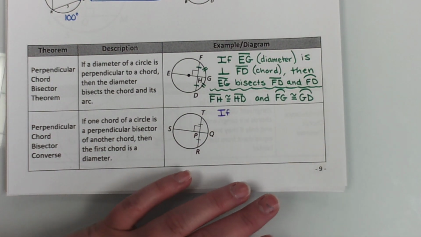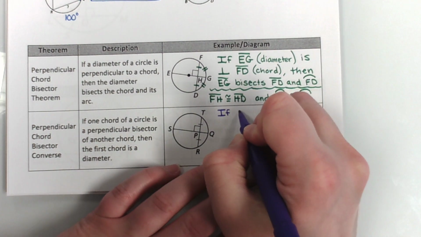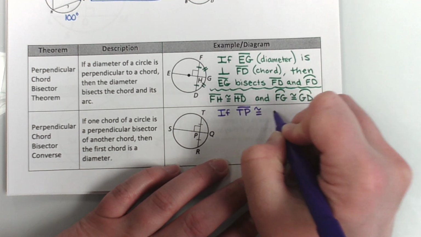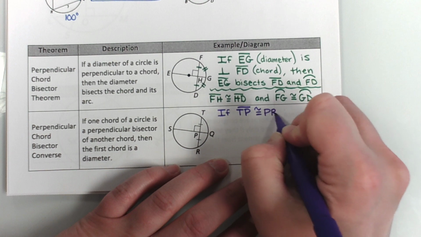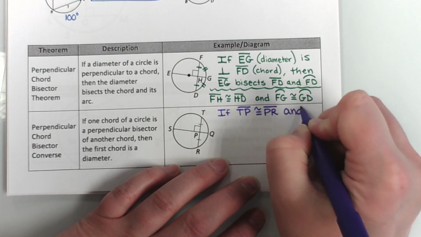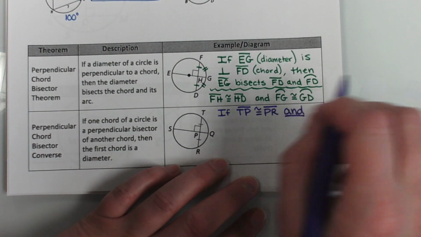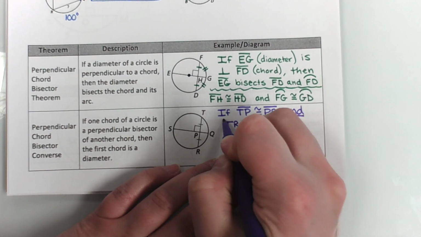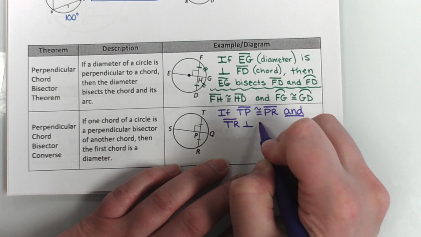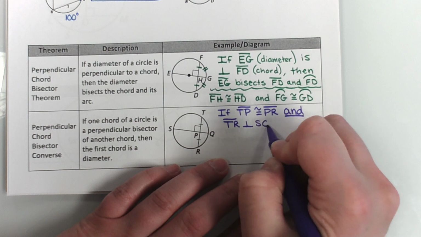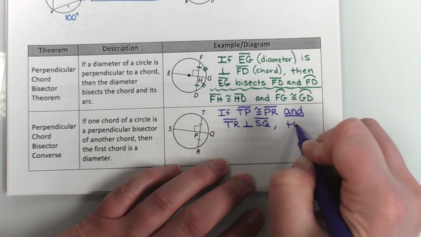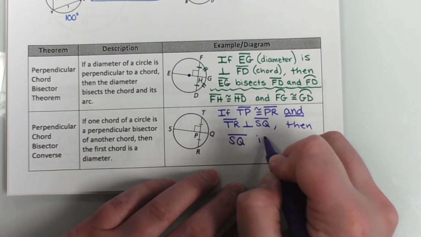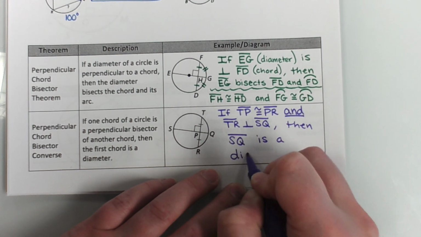So, in other words, if TP is congruent to PR and TR is perpendicular to SQ, then SQ is a diameter.